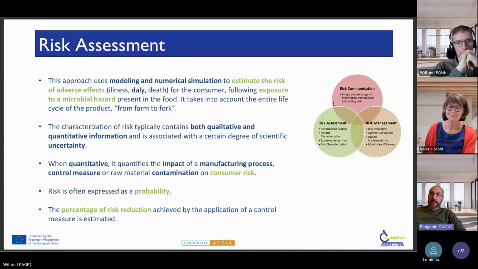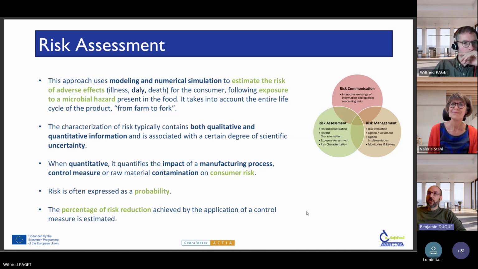When quantitative data are used, it usually quantifies the impact of a manufacturing process or control measure or raw material contamination on consumer risk. And risk is often expressed as a probability. And we can also calculate the percentage of risk reduction achieved by the application of a control measure. For example, if the storage temperature is changed, is it then possible to estimate the impact of the change on the risk?